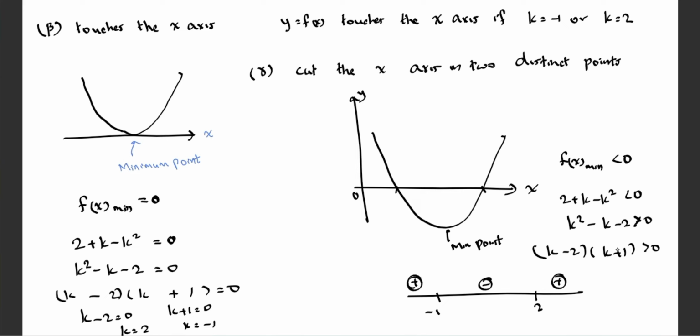According to this, you can see the function is positive when k is lesser than minus 1 and when it is greater than 2. So you can say k is lesser than minus 1, union k is greater than 2.